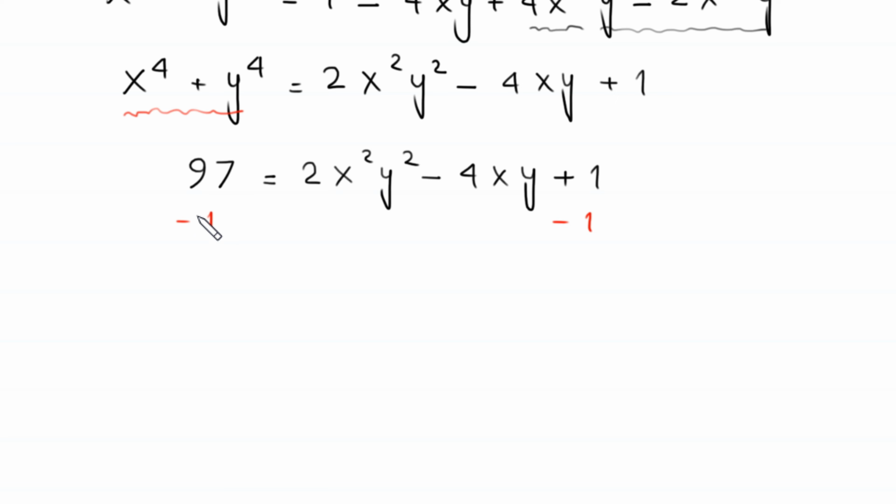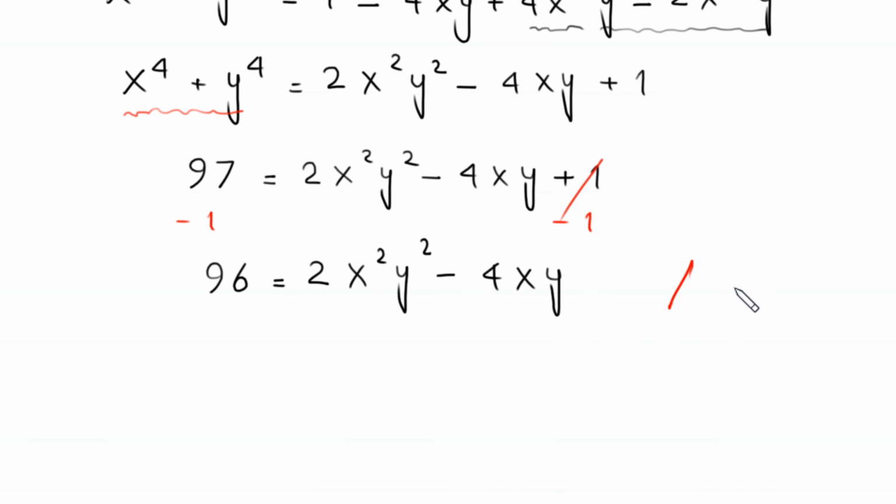This 97 minus 1 will become 96 is equal to this positive 1 will be cancelled out with this negative 1, and at right hand side we are left with 2x squared y squared minus 4 times xy. Now to further simplify this equation, we divide the whole equation by 2.